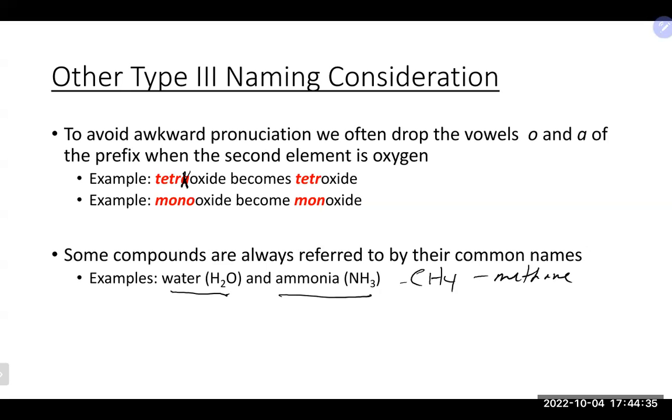Now, hydrogen, I think we talked about, but just to reiterate, hydrogen is a nonmetal, but for the most part, because it's really part of an acid and stuff like that, it is treated like a type 1 compound. So if we do have hydrogen coming first, for example, here, that's not an acid, say this was a gas, this would be hydrogen chloride.